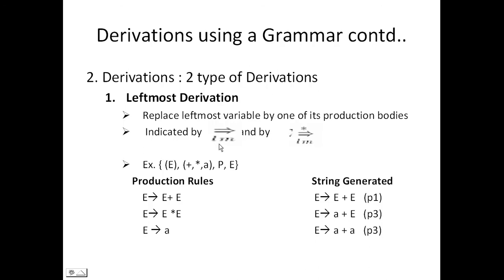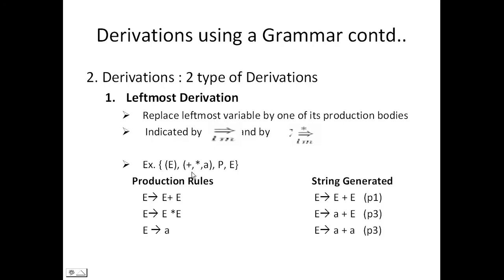So multiple steps are denoted by arrow and LM star. Okay, so that is the leftmost derivation. So you have to go on replacing the leftmost variable till you reach a particular string.